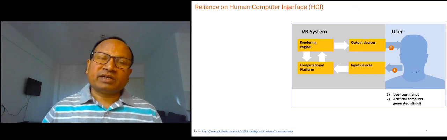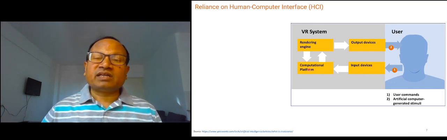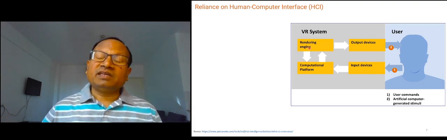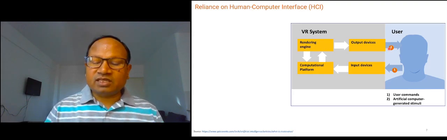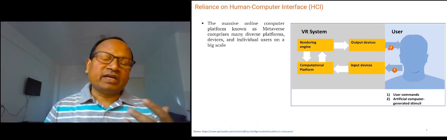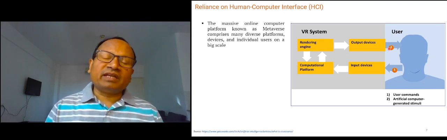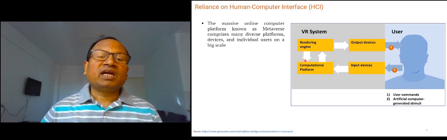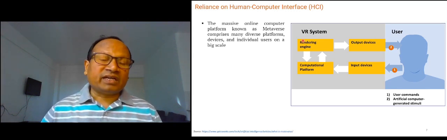Reliance on human computer interface, HCI. You see here the user is there, input devices will be there. Through input devices, the user can enter the input and then computation will take place. There will be rendering in the VR system, 3D modeling and rendering, then output devices from which the user can see the 3D rendered object, the 3D rendering product outcome, and can feel and experience. So user commands, artificial computer generated stimuli will be there, and that will be detected computationally, computed, and rendering will be performed.